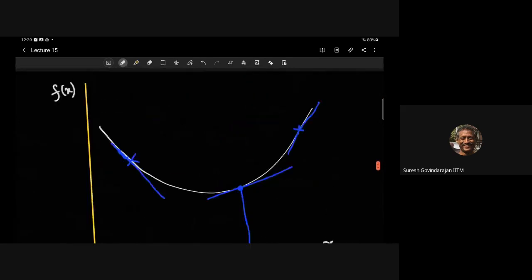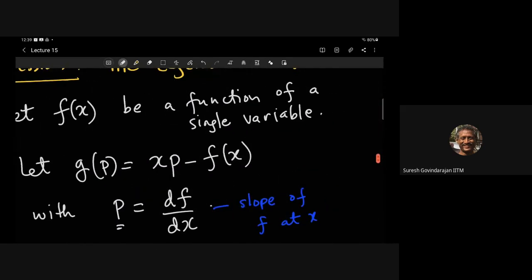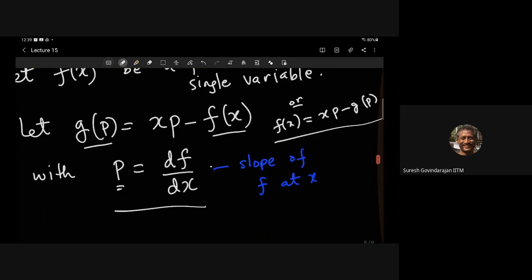So where is this definition? Yeah, we can write f of x equal to xp minus g of p. I just took f, exchanged the roles of these two, and you get this equation. So you can see that if you do it two times, that's what is happening. The point here is that you have the value of the function and the slope of the function, and these two data are roughly being carried through.